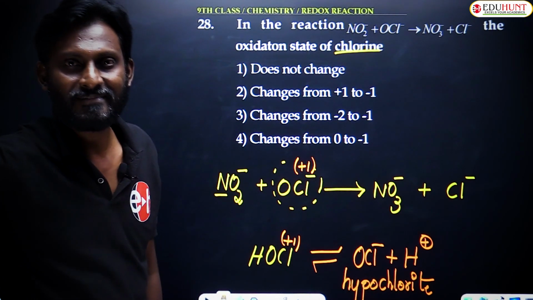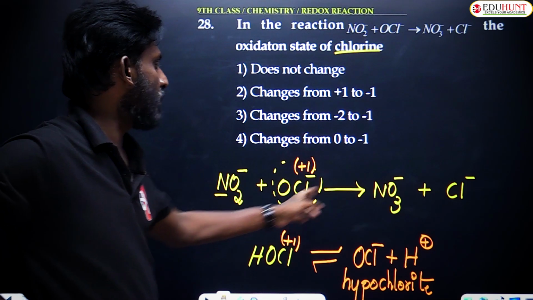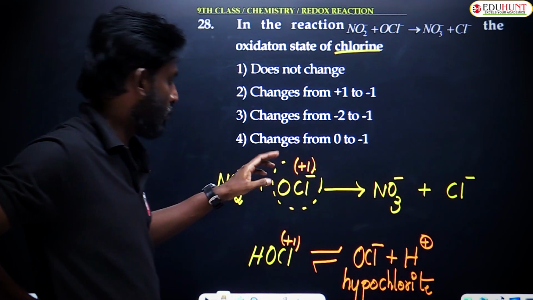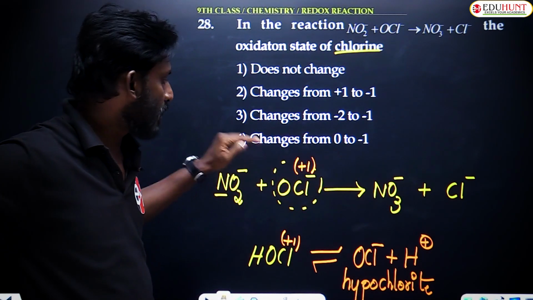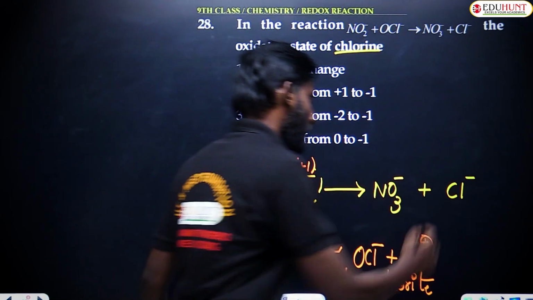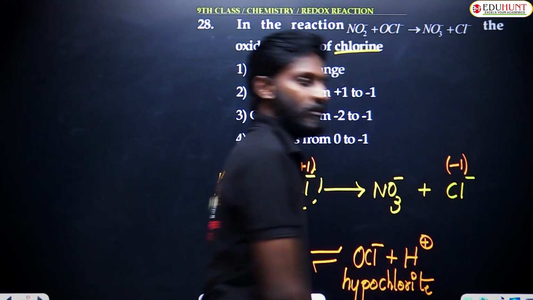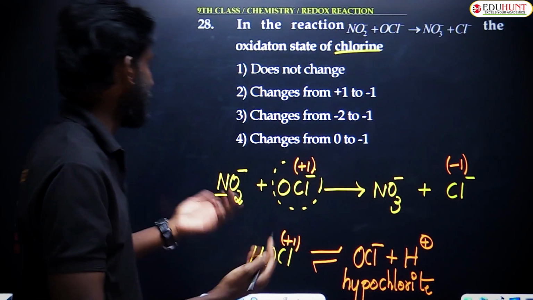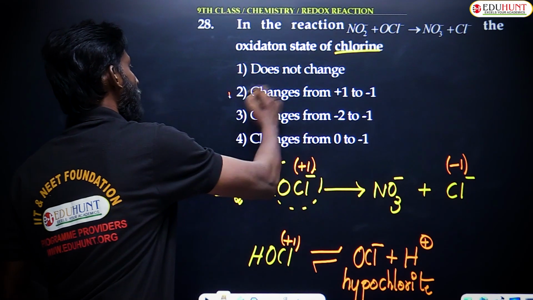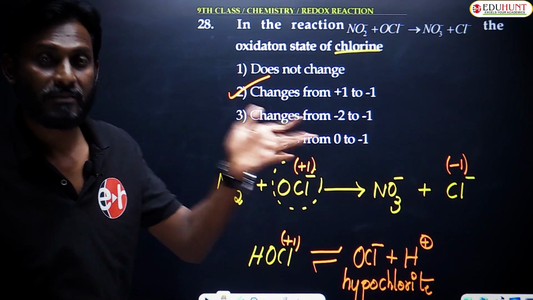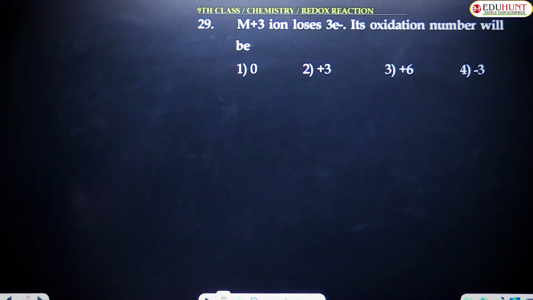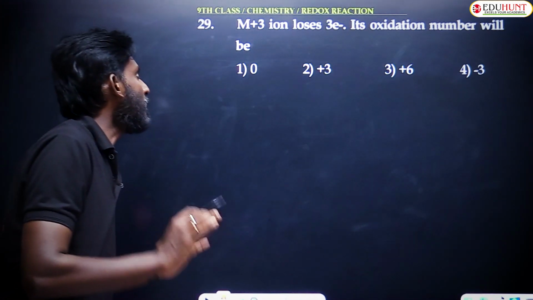From +1, what happened to chlorine? The chlorine oxidation state changed from +1 to -1. So what is the change? It changes from +1 to -1. For me, the second option is the correct option.